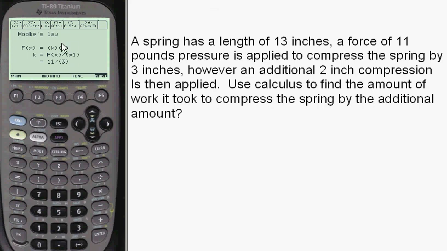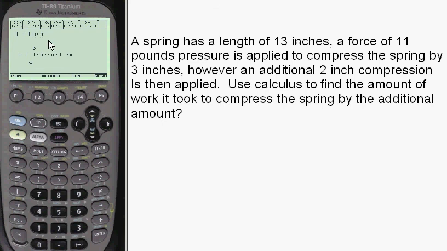So we're going to use Hooke's law here, which is the force equal to the spring constant times the distance of stretch or compression. So we use algebra to find k. k is equal to f of x divided by the compression, which turns out to be 11 over 3. So we change it to a function because we're always dealing with functions in calculus. k is 11 over 3 times x, okay?